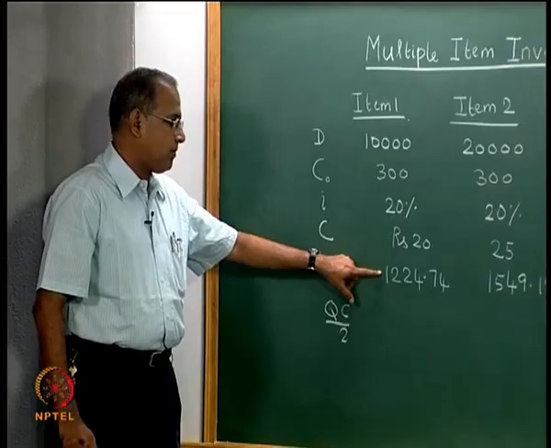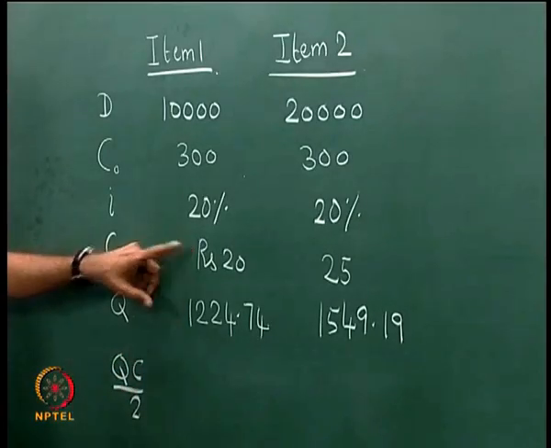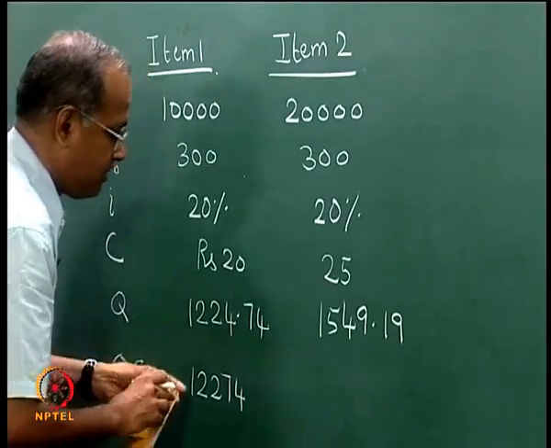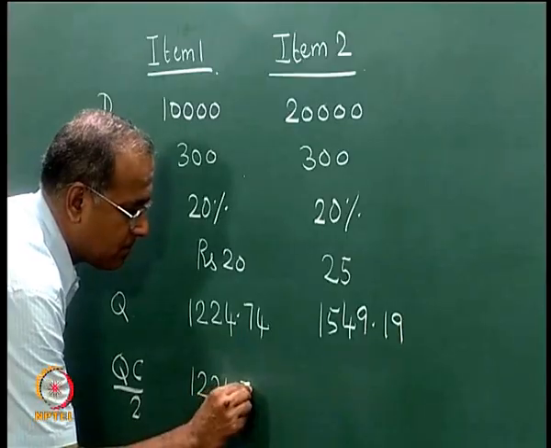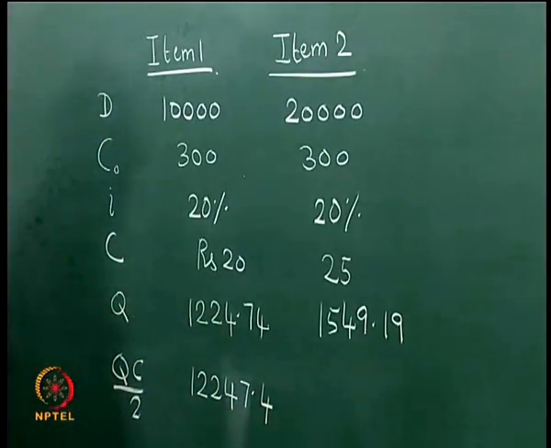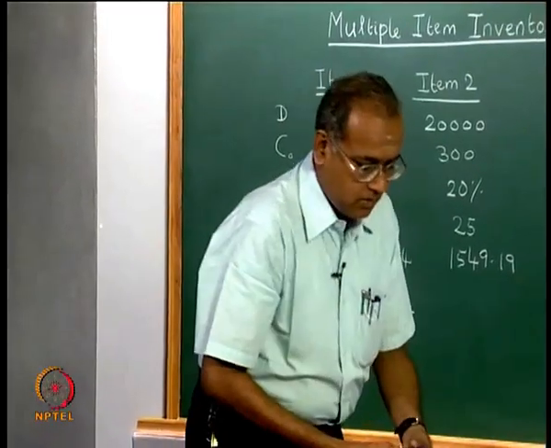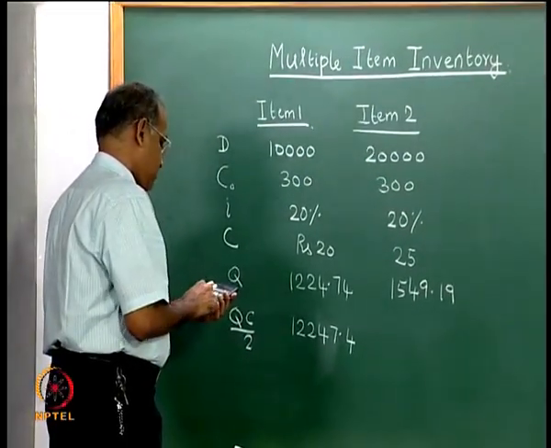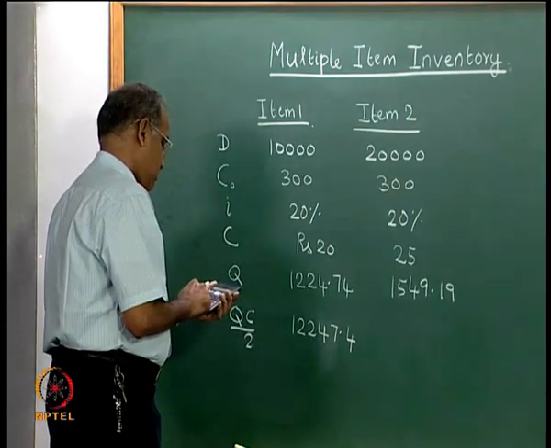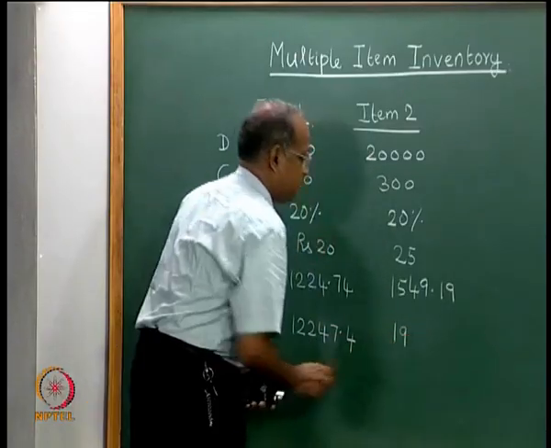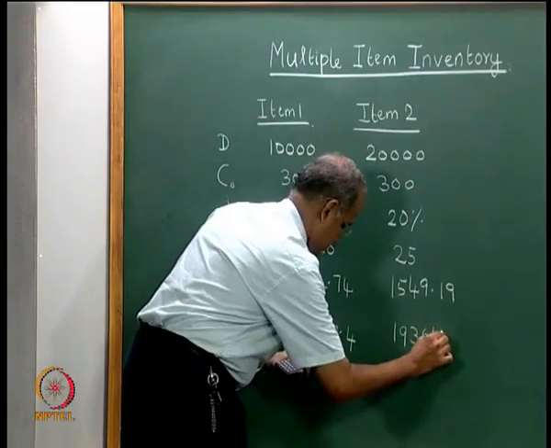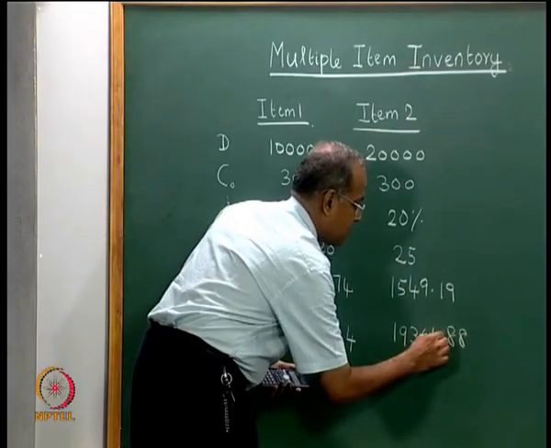So, that will be 1224.74 divided by 2 into 20, which is 12,247.4, and for the second item it will be 1549.19 into 25 divided by 2, which will work out to 19,364.88.